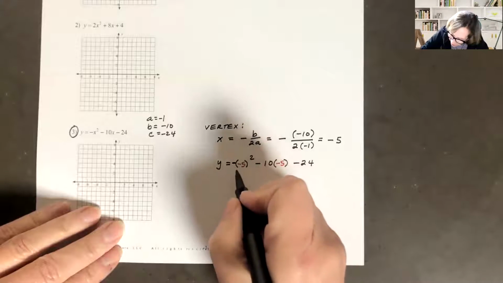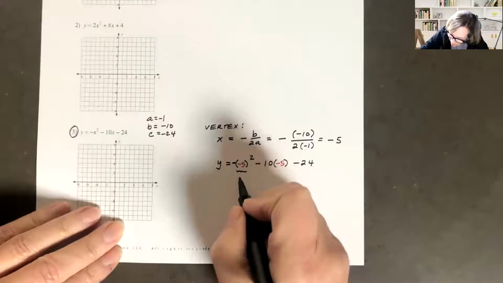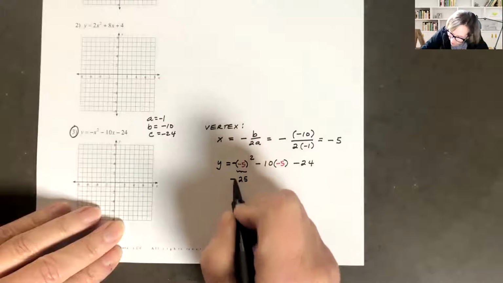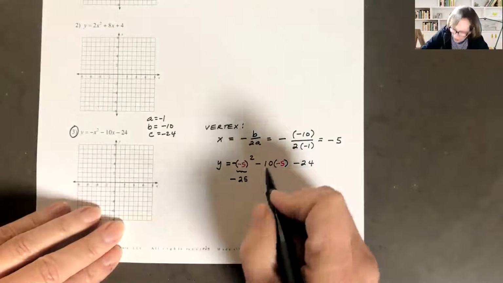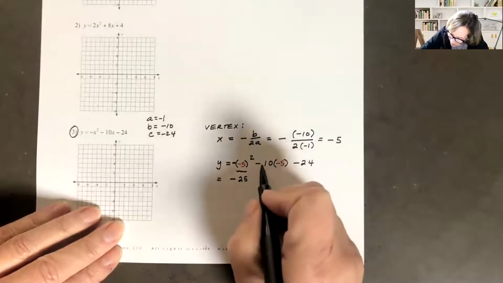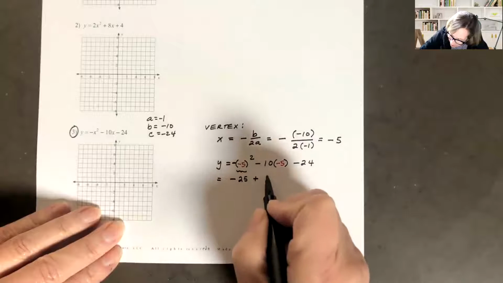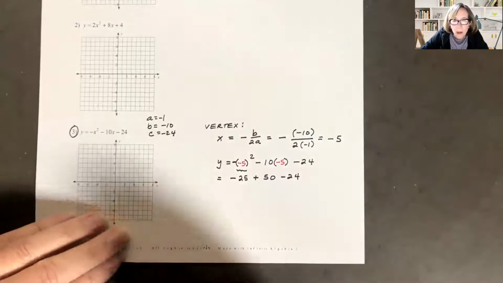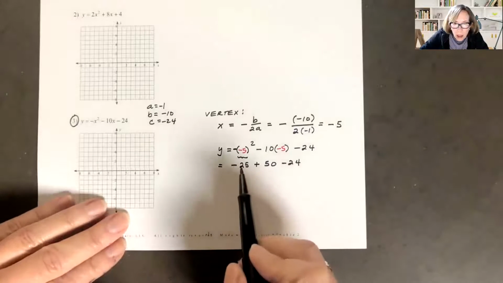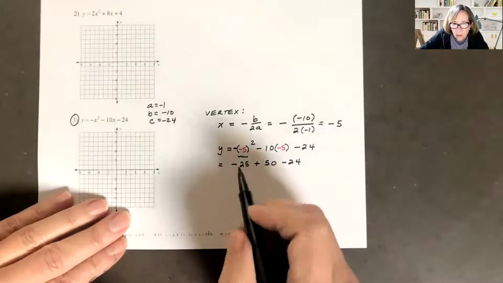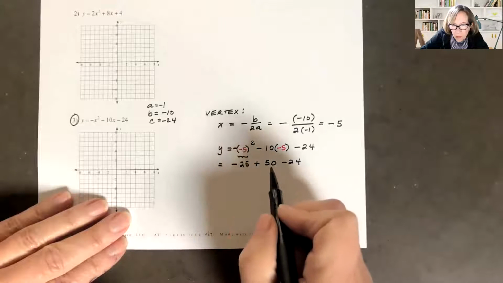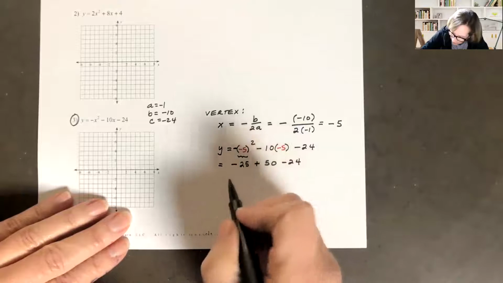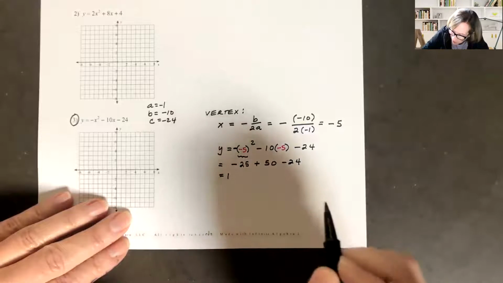So -5 times itself is a positive 25, and then I take the opposite. So that ends up being -25. -10 times -5 is a positive 50 minus 24. So don't hesitate to use a calculator if you need to. -25 plus 50 gives us a positive 25. Minus 24 equals a positive 1.